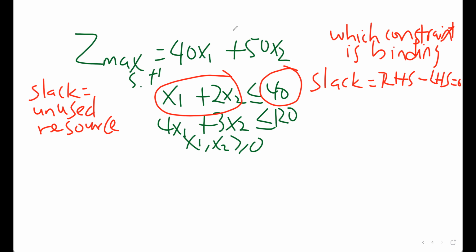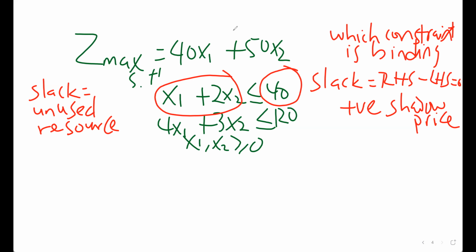The last way of looking at a binding constraint is when we have a positive shadow price. A positive shadow price. Just keep it down. When we come to that point, I'll tell you, when you have a positive shadow price, of course, you need to understand shadow price before we get through all this, but for now, hold it. When you have a positive shadow price, then we have a binding constraint.